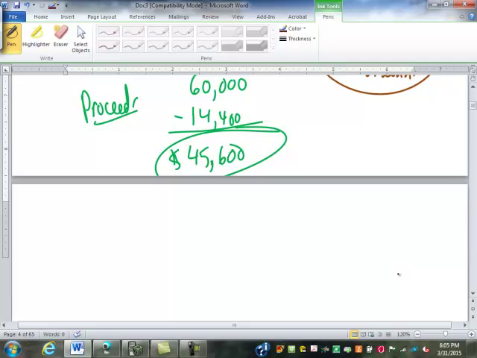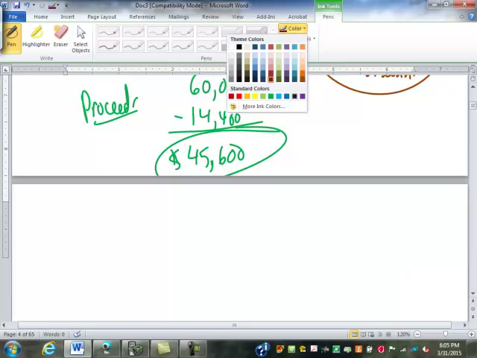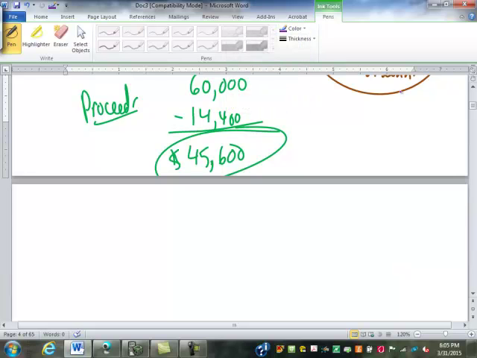Okay. So now we need to figure out an effective rate. Because it was a 12% interest rate, the effective rate really blows up here, especially since it was 2 years.